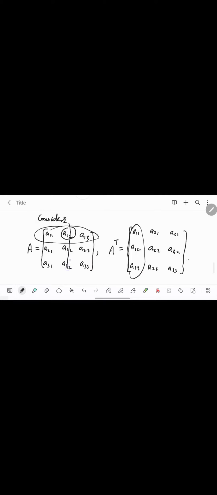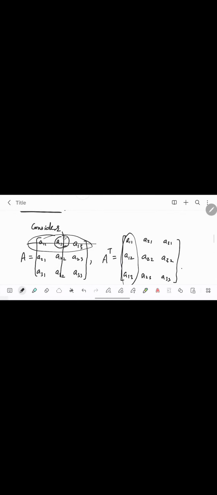By forgetting about this column and this row, I will have A21, A31, then A23, A33.